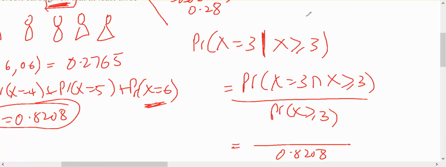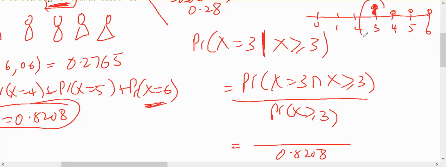For this intersection, if I look at my number line of 0, 1, 2, 3, 4, 5, and 6, this is 3, and this is 3, 4, 5, and 6. This is the intersection, so it's the probability that x equals 3 over the probability that x is bigger than or equal to 3.